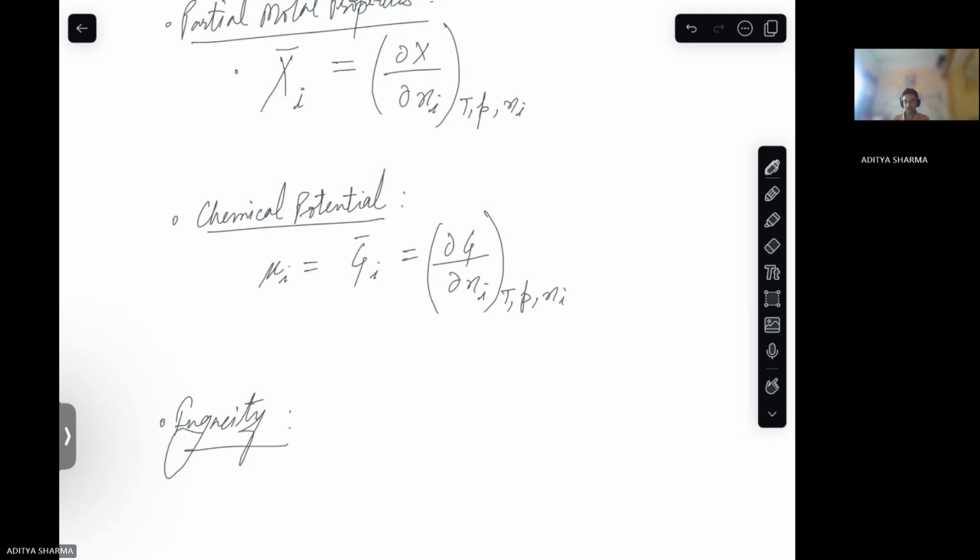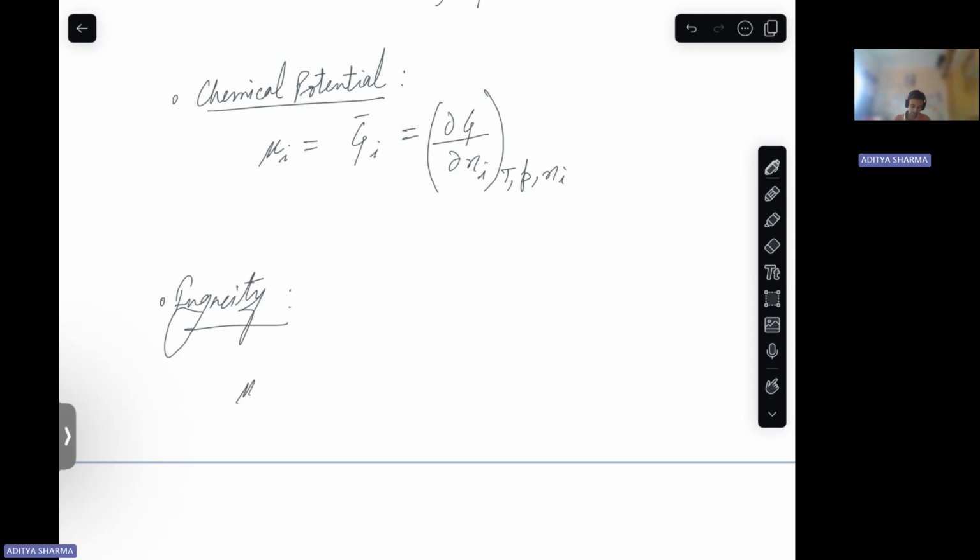That is, it improves the functionality of your mathematical expression, in the limiting conditions. So for example, if your pressure is zero, what will the scenario be when we are using fugacity? So let's see that.